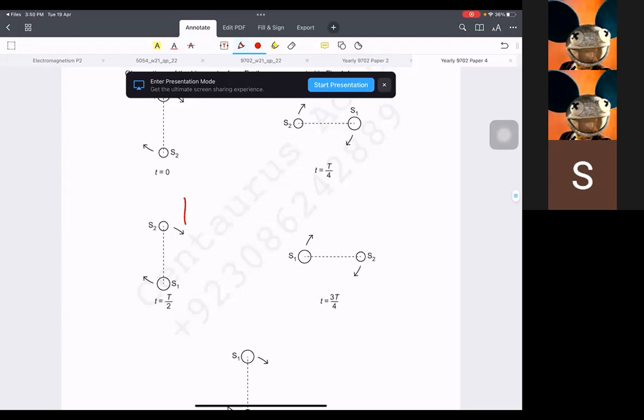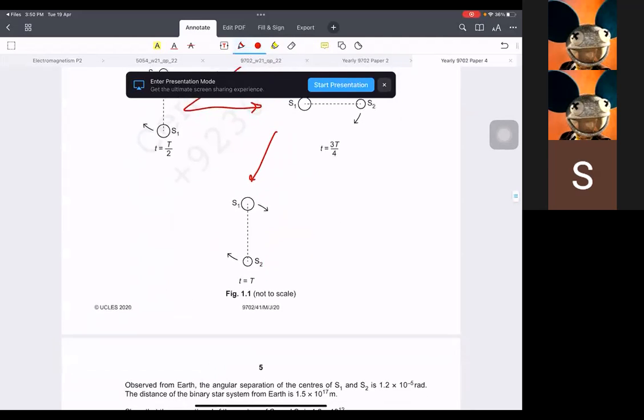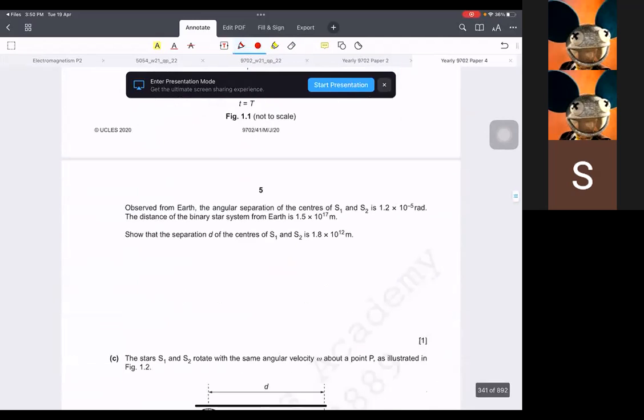So this goes here. Fine. Observed from Earth, the angular separation of the centers of the two stars is this, and the distance of the binary star from Earth is this.